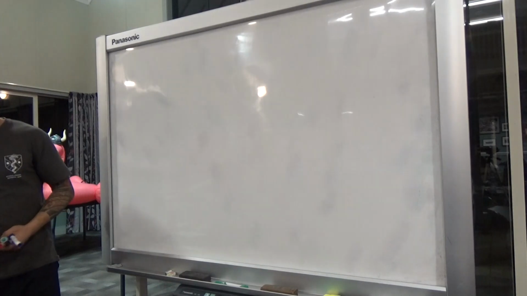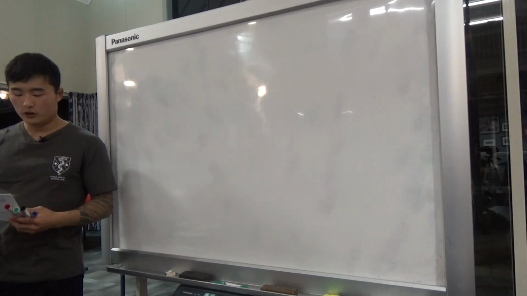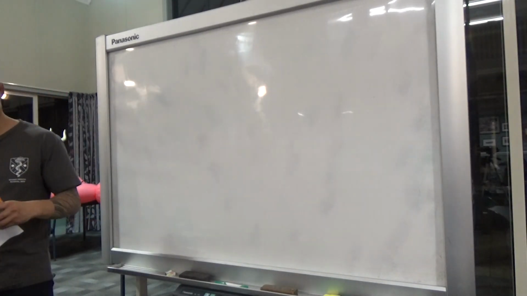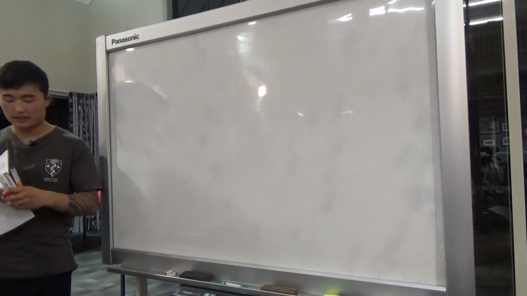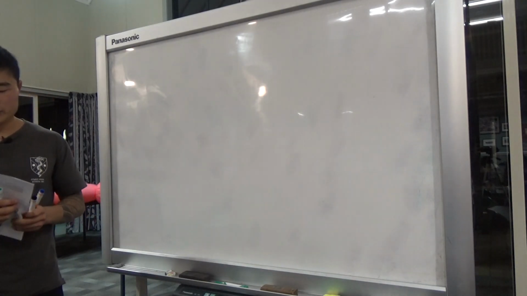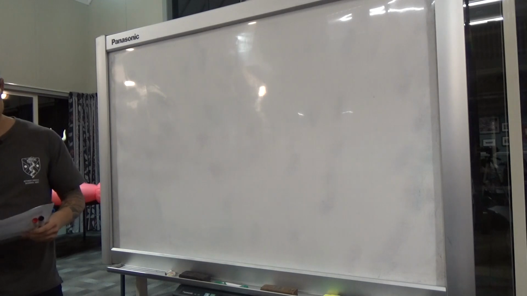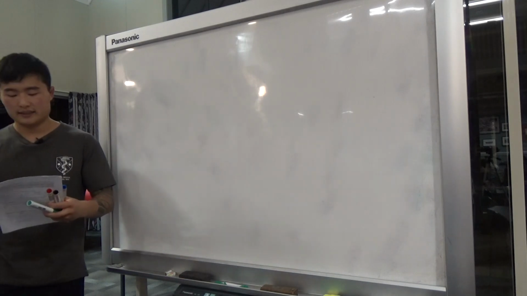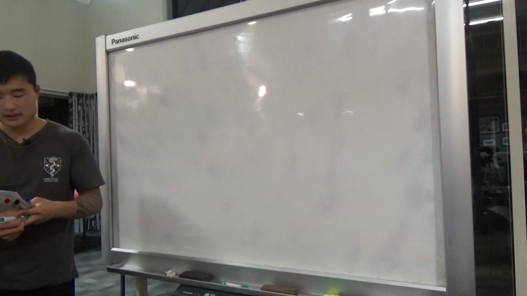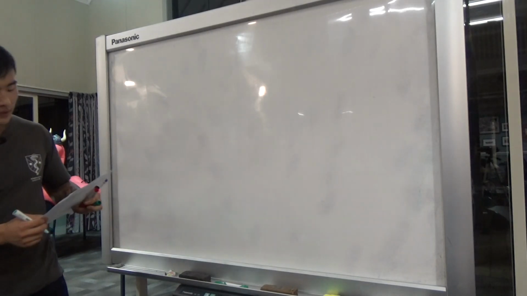Number 11, the atomic number of polonium is 84. So the atomic number, remember that's the number of protons. And polonium 210. So 210 is going to be the number of nucleons, or your mass number.